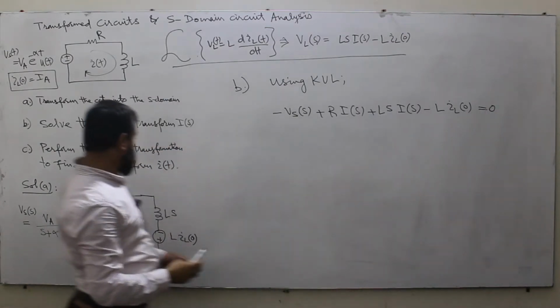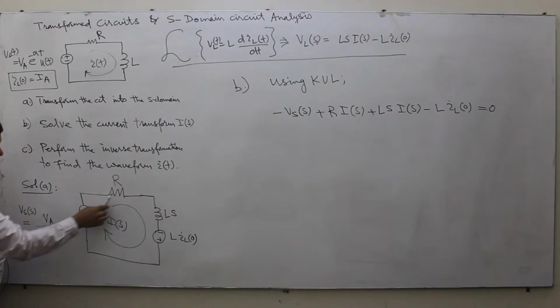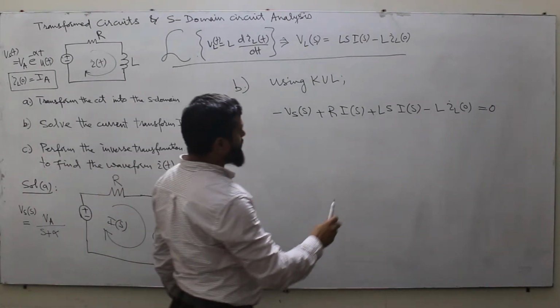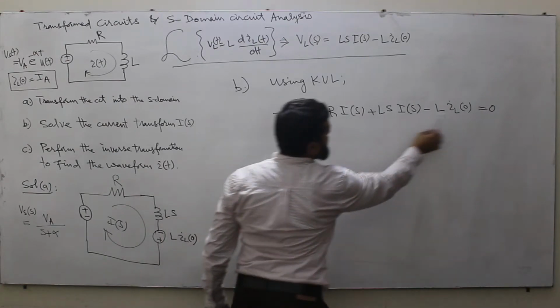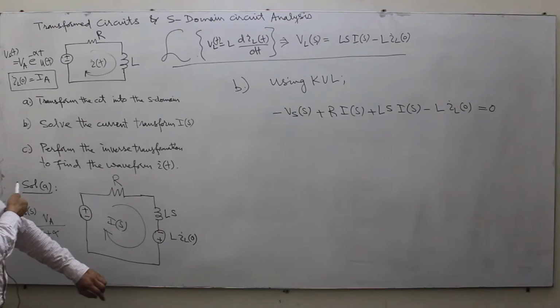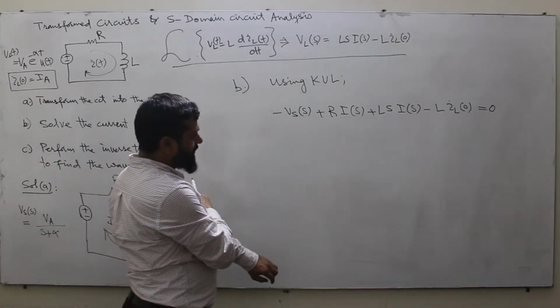We can simply count once again: 1, 2, 3, 4. So the sum of 4 components will be equal to 0. So Kirchhoff's voltage law has given us the equation, and now we have to solve this equation.